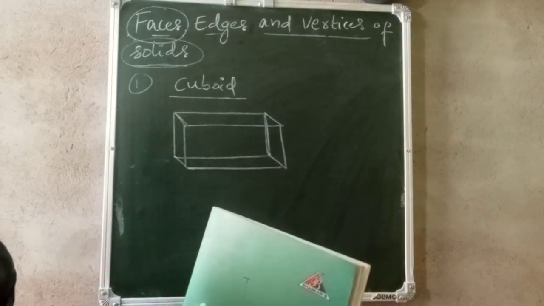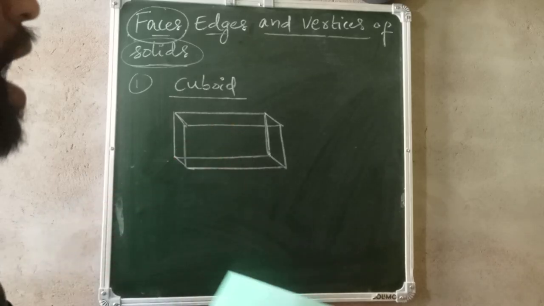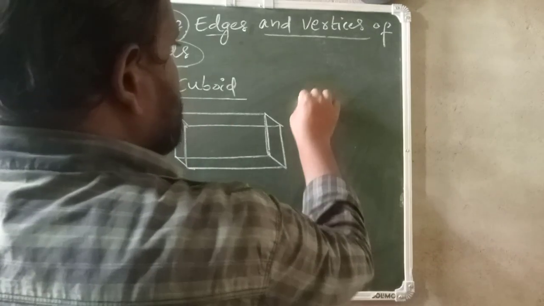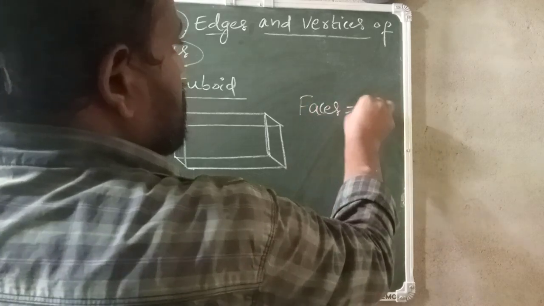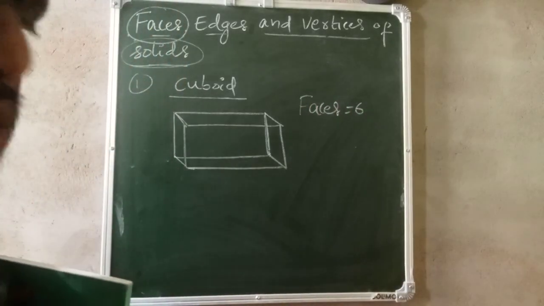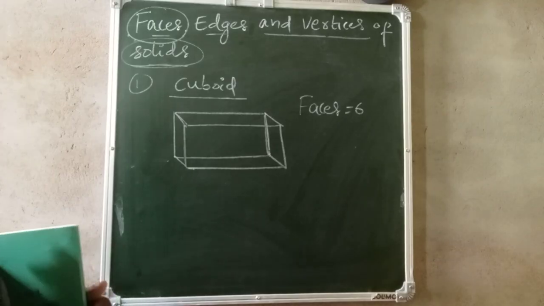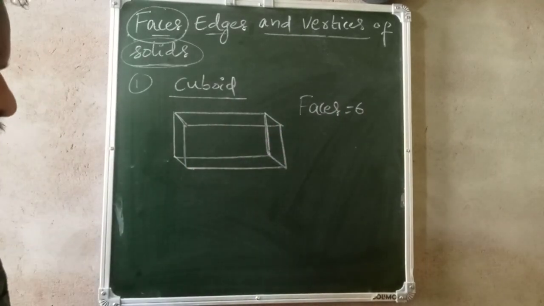Those are the faces. So this cuboid has six faces. How many faces does it have? 6 faces. Just now I have shown you the meaning of faces. So this cuboid has 6 faces, so faces is equal to 6.